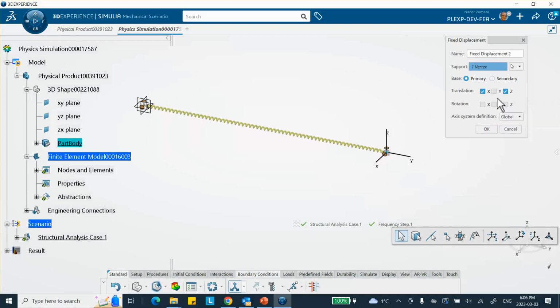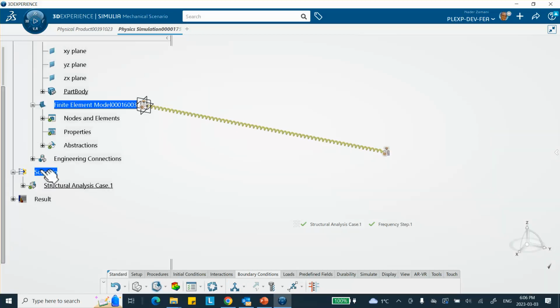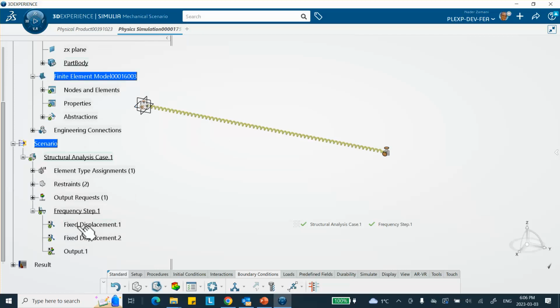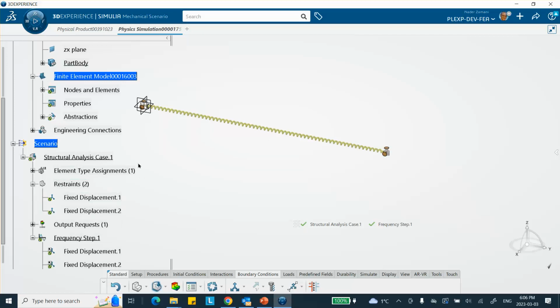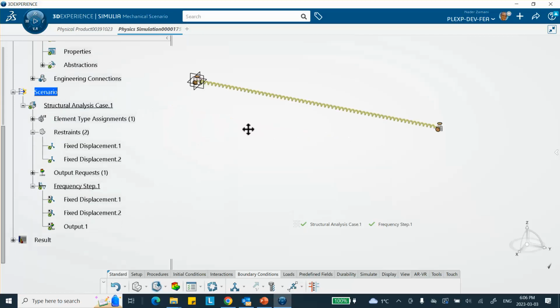So X is fixed, Z is fixed, but Y is free because it's going to vibrate along that. Rotation is irrelevant. Now, notice that these things are actually created in our frequency step right there. And of course, they're also over here, which in the language of Abaqus CAE are probably equivalent to the initial or base state information.